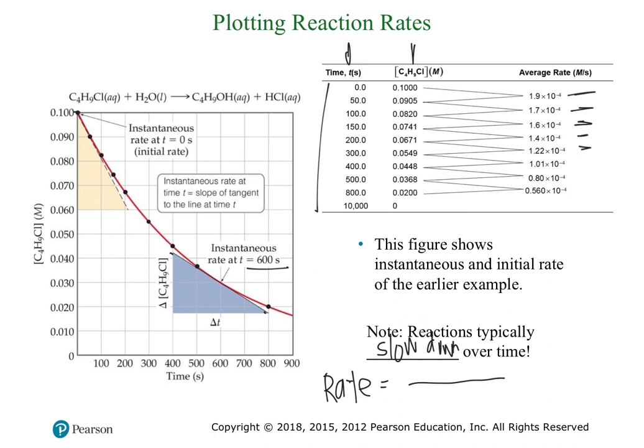So let's do 800 seconds minus 400 seconds. And so the concentration at 800 is about 0.18 molar, and then the point at 400 is about 0.042. So when we do that math, we get 6.0 times 10 to the negative 5th molar per second as our rate.